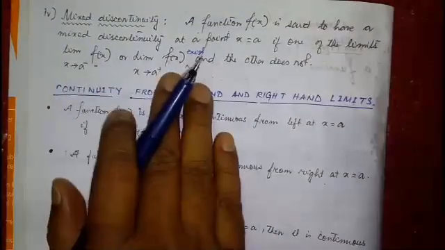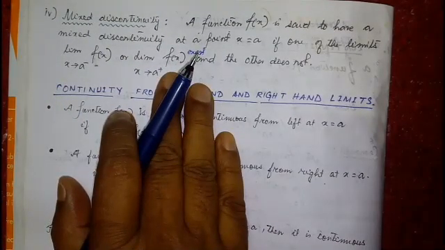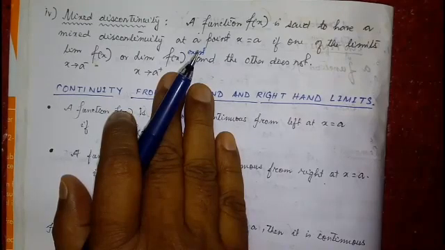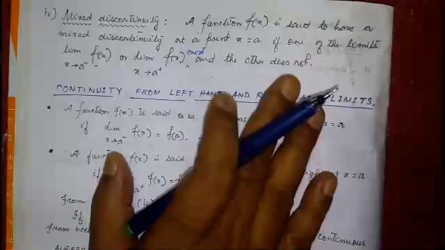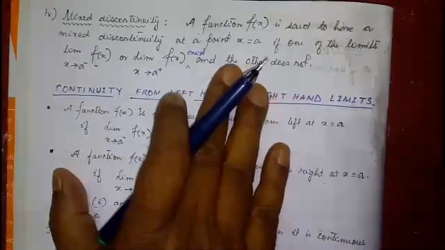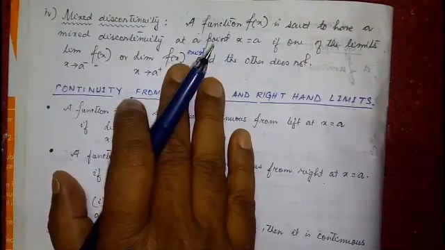That is, of the two limits, if left hand limit exists, right hand limit does not. If right hand limit exists, left hand limit does not. Then this is the fourth kind of discontinuity. This is called mixed discontinuity.